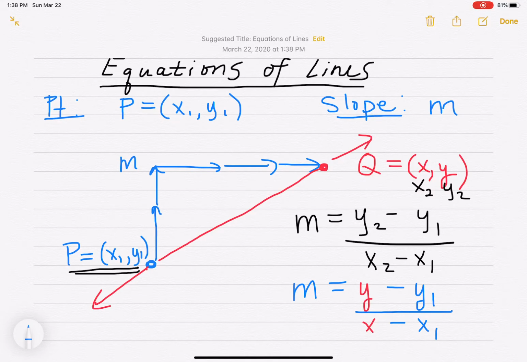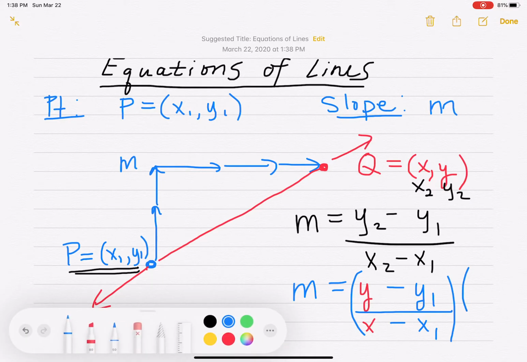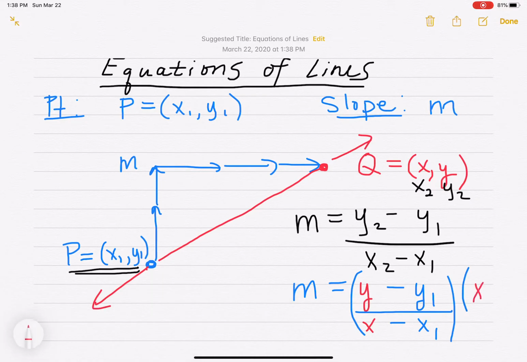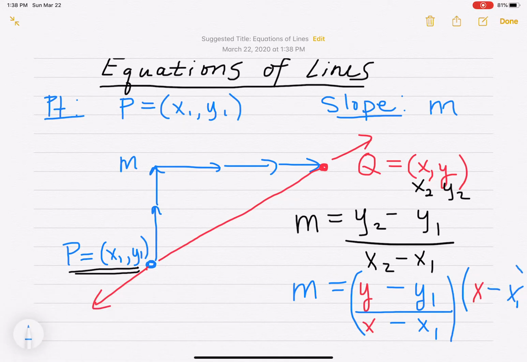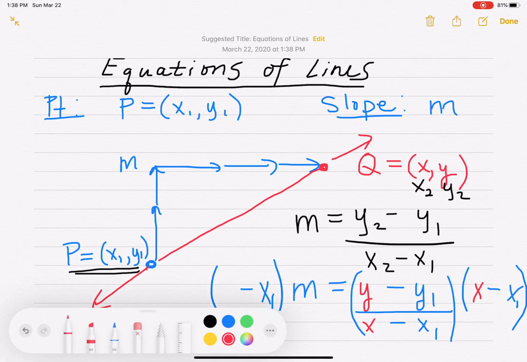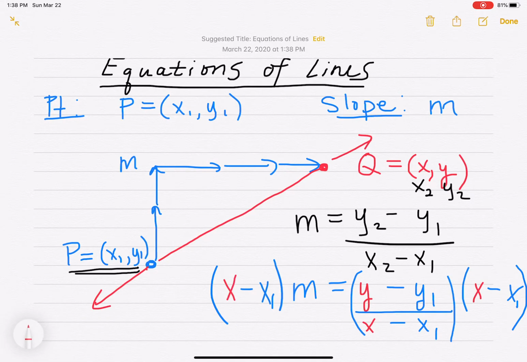To get rid of a fraction, you want to multiply both sides by the common denominator here, which is x minus x1. If I multiply the right-hand side by x minus x1, I've got to also multiply the left-hand side by x minus x1. So here, the bottom on the right-hand side cancels with x minus x1.